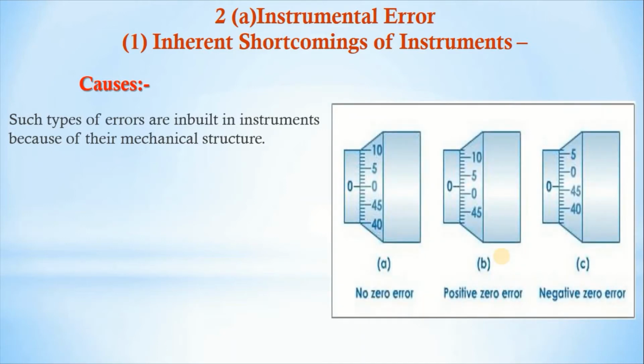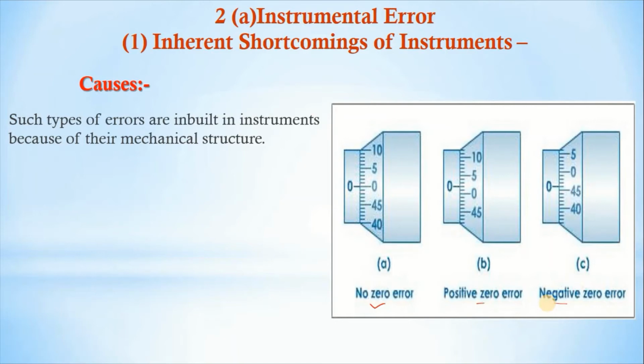Now you can see the instrument here. If the instrument is manufactured correctly and assembled properly, then we can get no zero error, or we can get positive zero error and negative zero error. So these 3 types of errors we can get if the instrument is not properly manufactured, because of their mechanical structure.